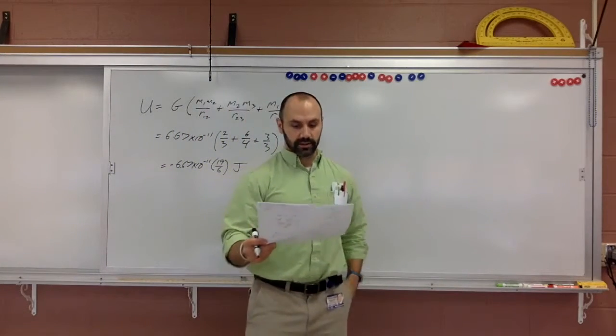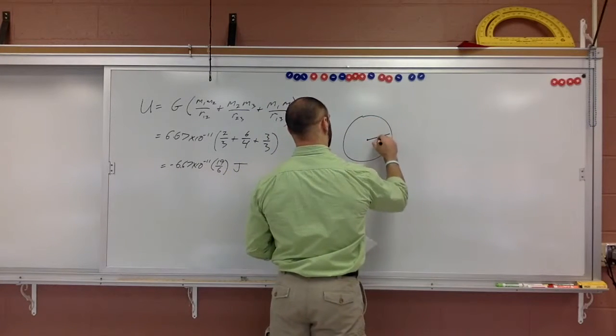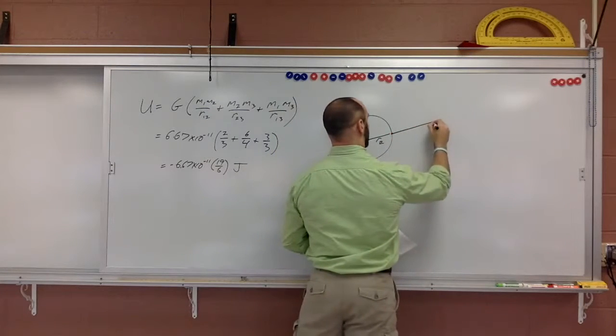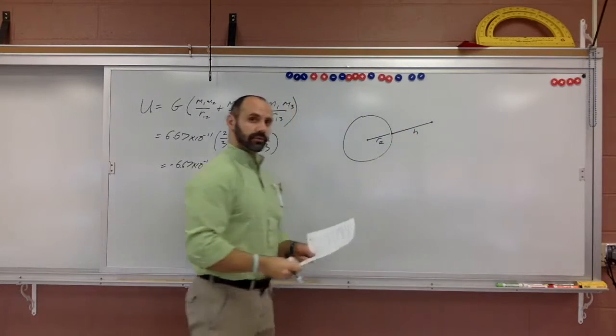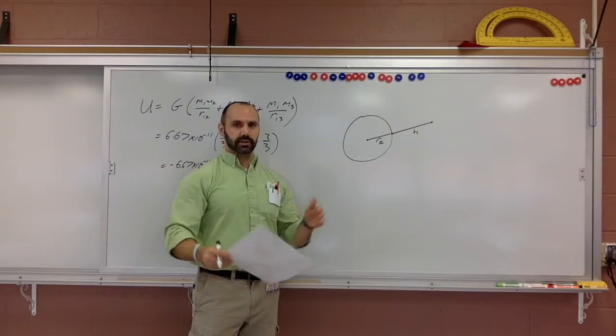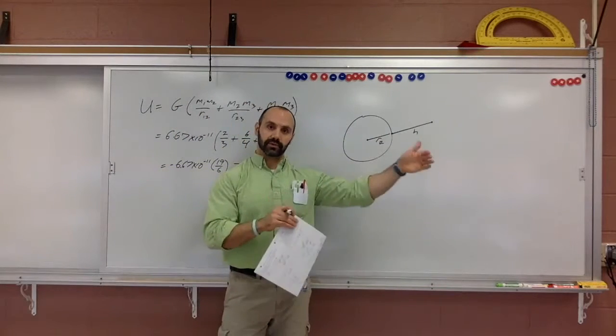Okay, verification that U equals mgh is valid. When we're doing this, what we're talking about is having, here's the radius of the Earth, and then we're talking about being some height h above the surface. And this is a real key thing. In a lot of problems, you're going to see some distance from the center, or it'll be worded some distance from the surface.